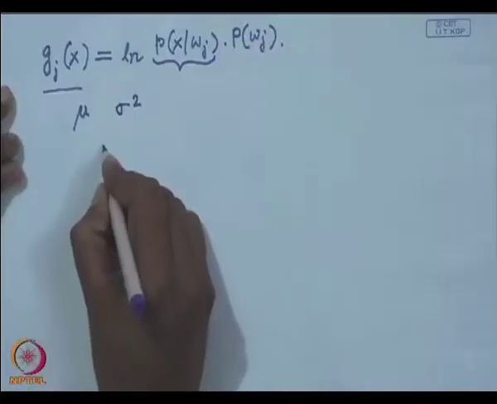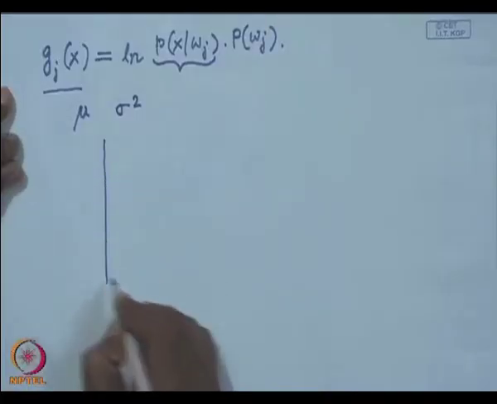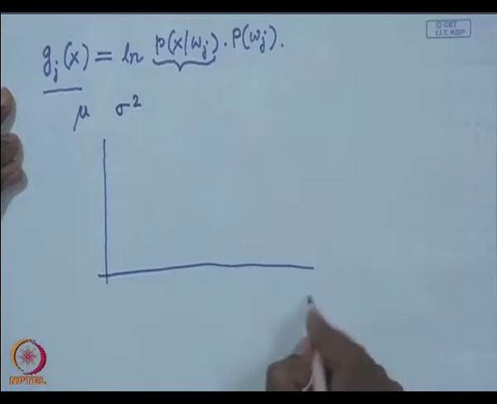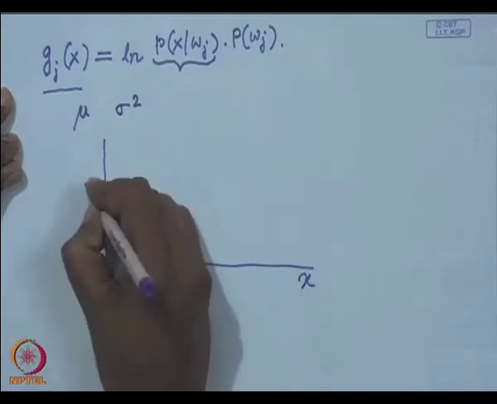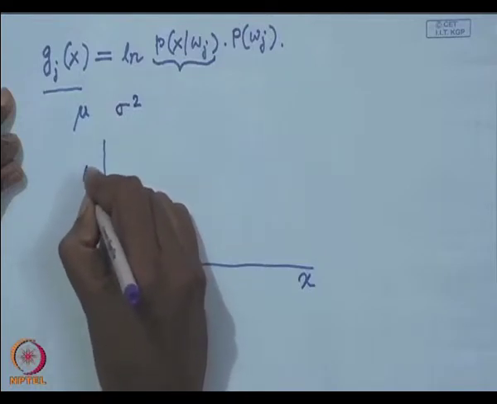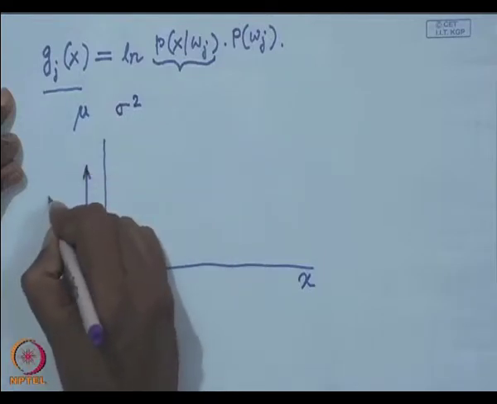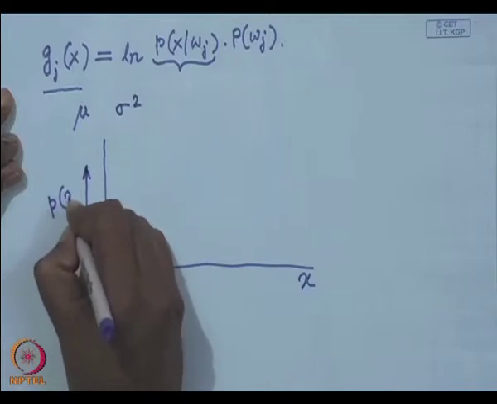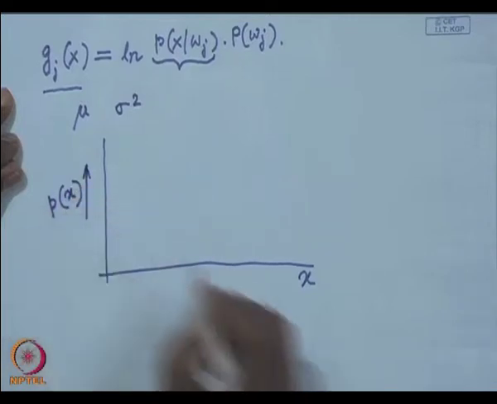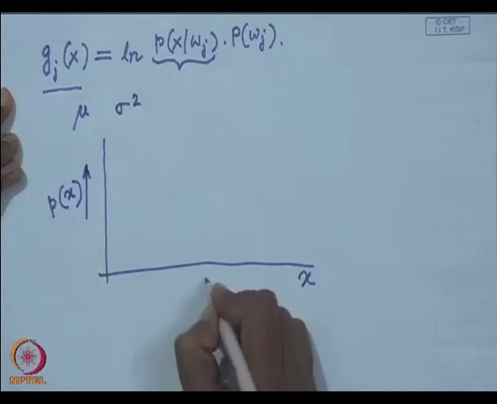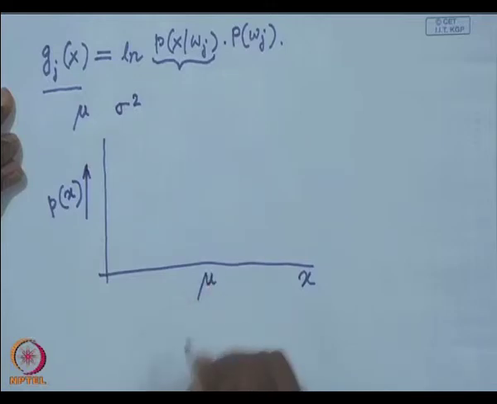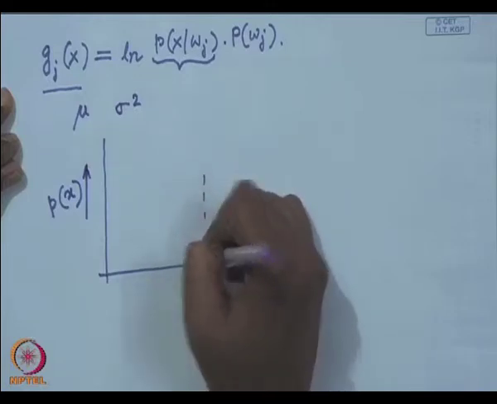If I plot it, this is my variable x, and along the vertical direction I plot p of x, and the curve, if mu is the mean of the samples x, will be something like this.